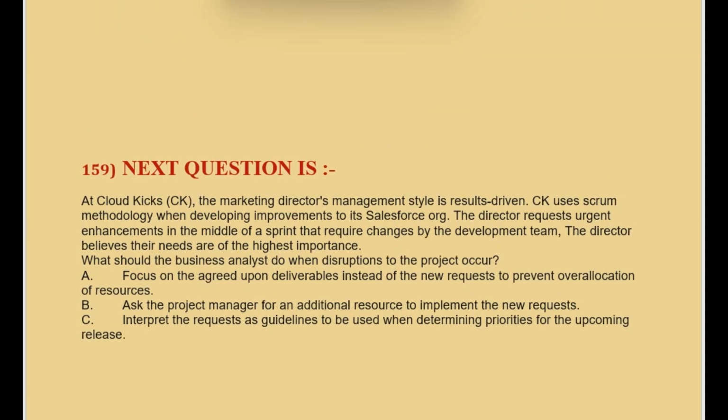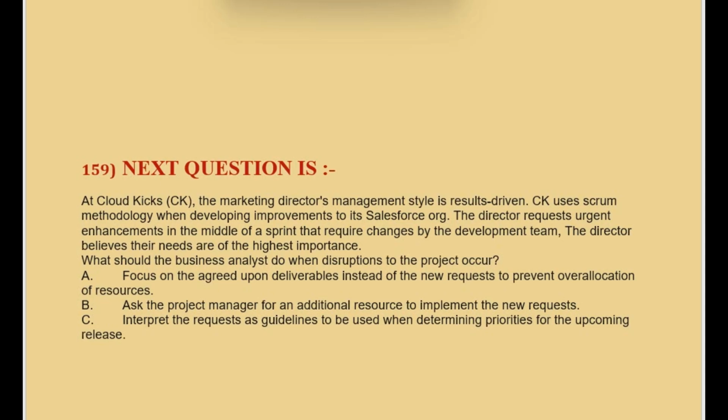Question is, at CloudKicks, CK, the marketing director's management style is result driven. CK uses Scrum methodology when developing improvements to its Salesforce org. The director requests urgent enhancements in the middle of a sprint that require changes by the development team. The director believes their needs are of the highest importance.